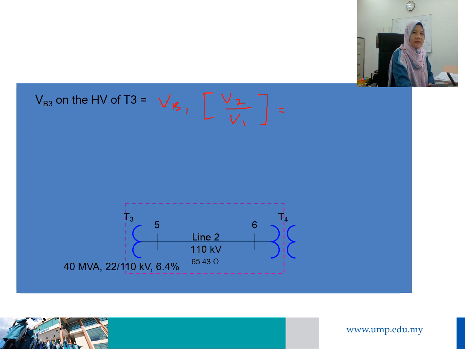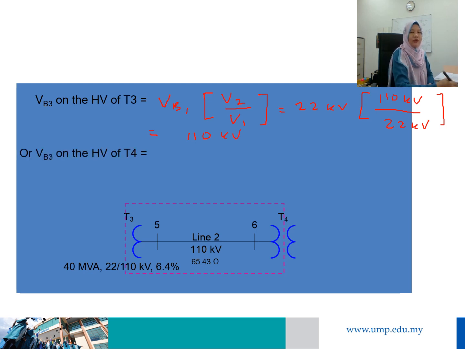So the base voltage for region 1 is equal to 22 kV multiplied by 110 kV, which is the secondary voltage of transformer T3, divided by 22 kV, which is the primary voltage of transformer T3. So we get the answer for V base 3, which is equal to 110 kV.